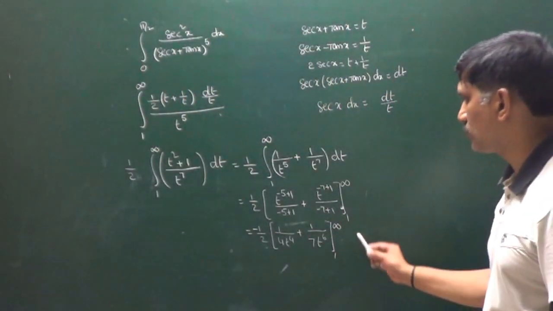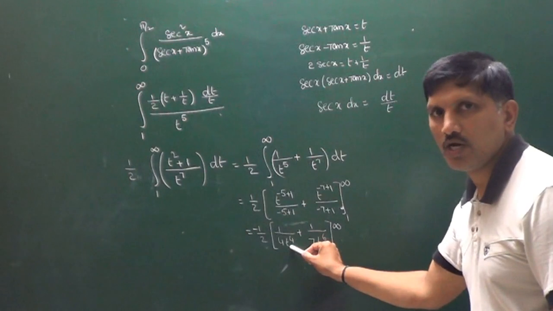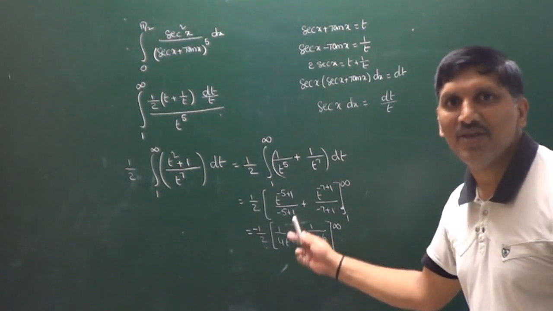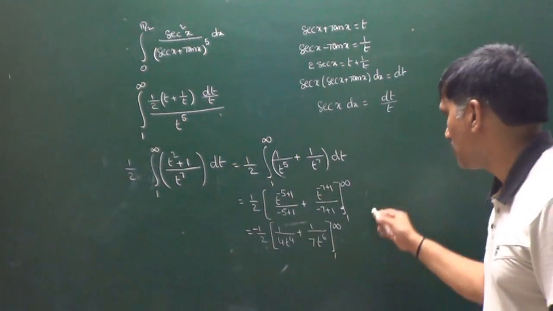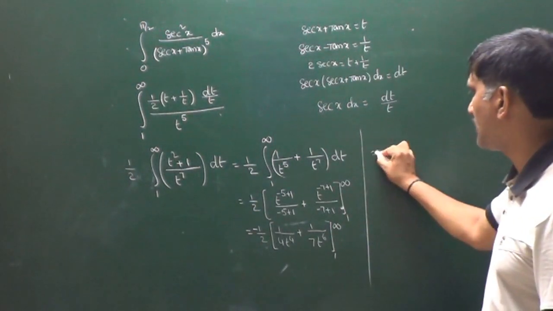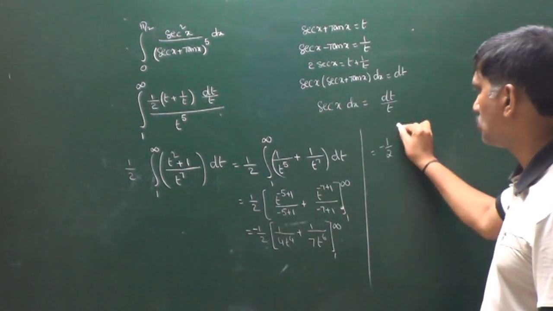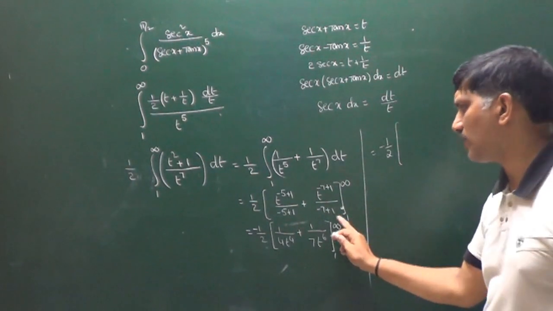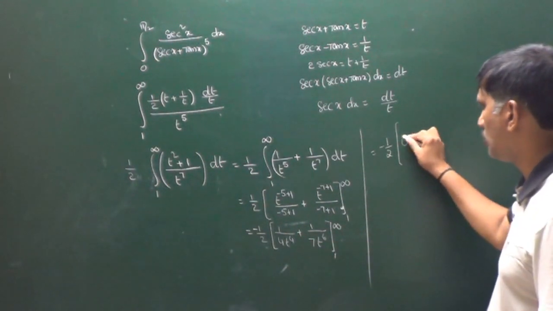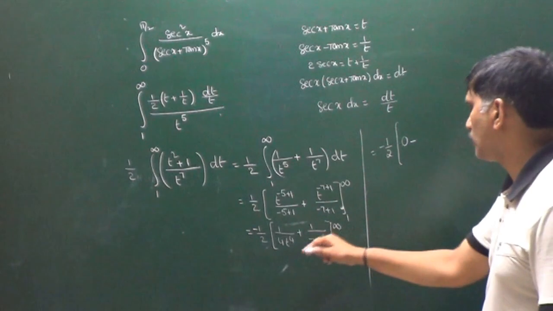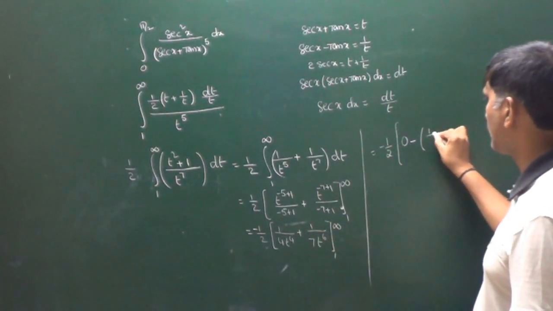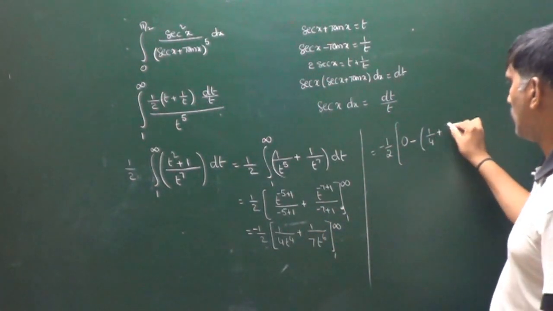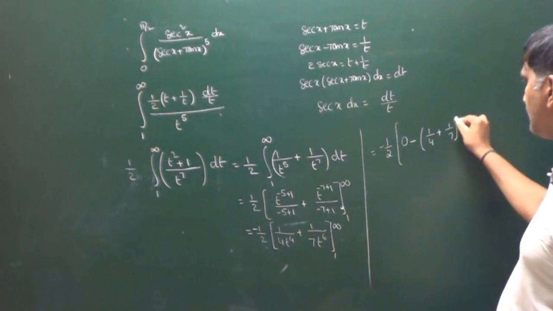Now first of all, if you substitute the upper limit, t tends to infinity, 1 by t tends to 0. So for the upper limit it becomes 0, minus, in the case of the lower limit, 1 by 4 plus 1 by 7.